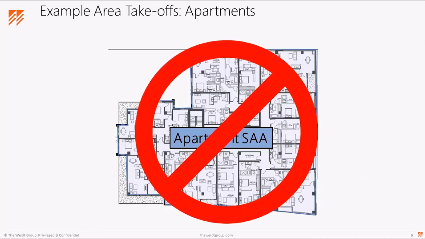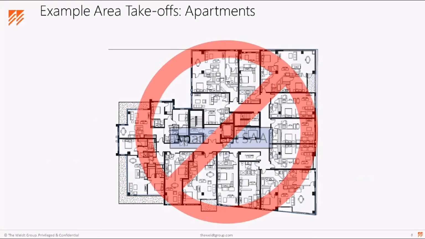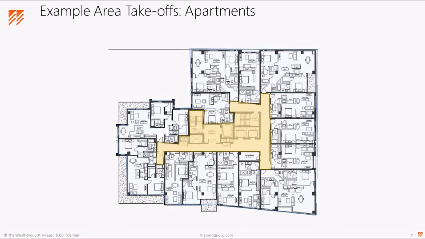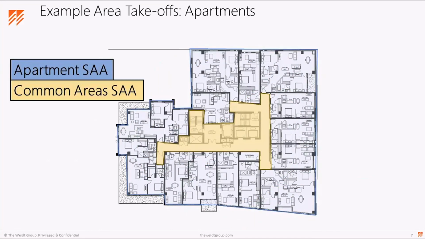So you should not specify it this way in NEO. You should take that core area there and specify that as a common area space asset area. In this case, that would be hosted by the apartment space asset area based on this particular floor plan. In this way, you'd be able to get the right equipment and ventilation and people loads and lighting loads within the apartments, as well as those separate different loads within the common areas.